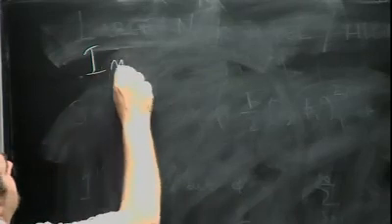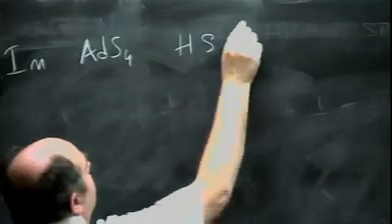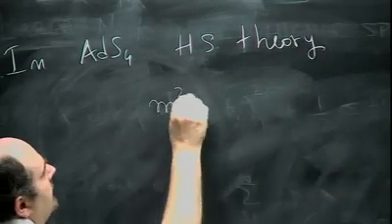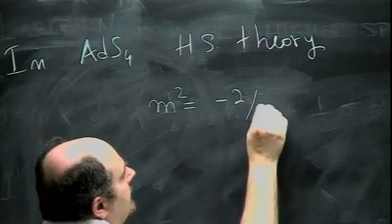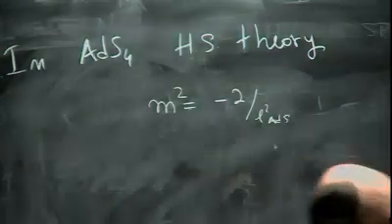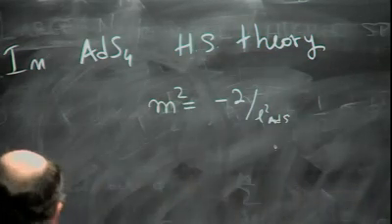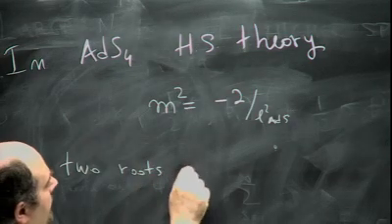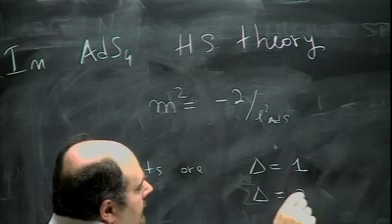So in the AdS4 higher spin theory, for example, we have seen that we have m squared equal minus 2, in units of AdS radius. And you see that this value is indeed in that range. Okay, and then you have 2 choices, so the 2 roots are delta equal to 1 or delta equal to 2.